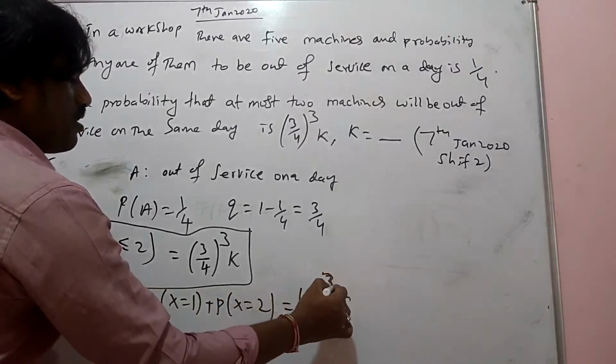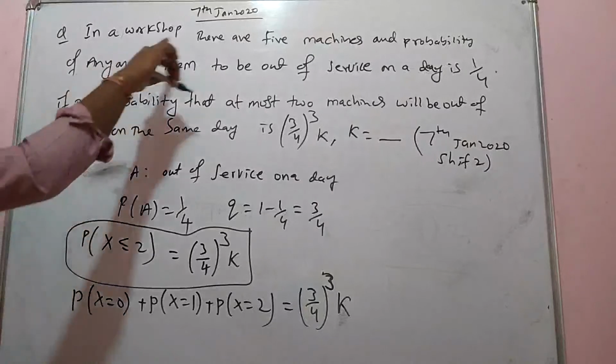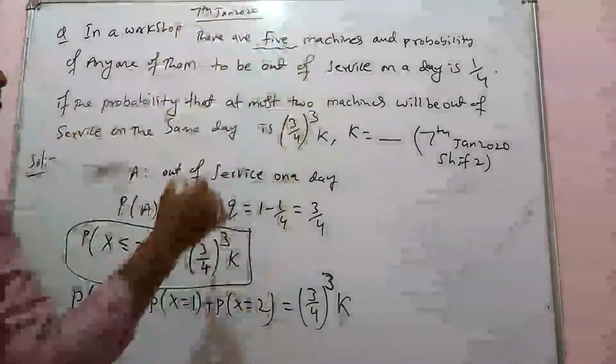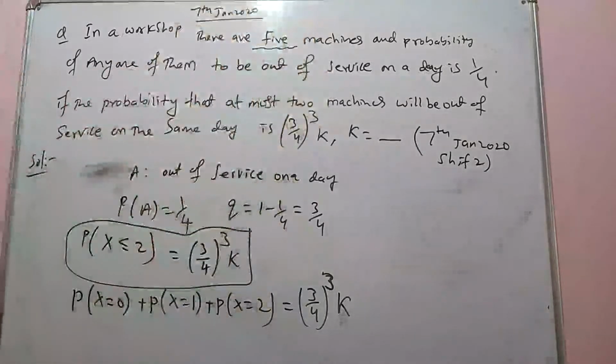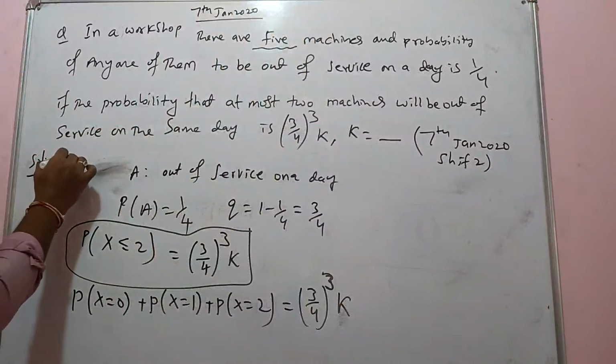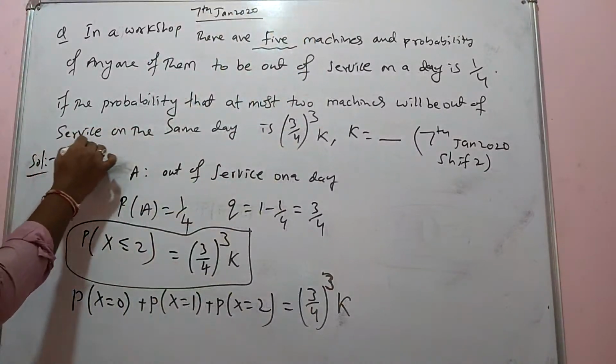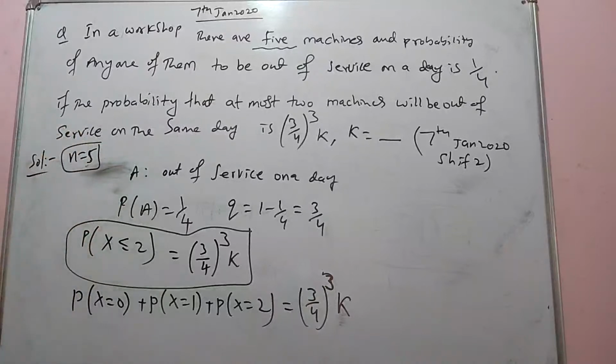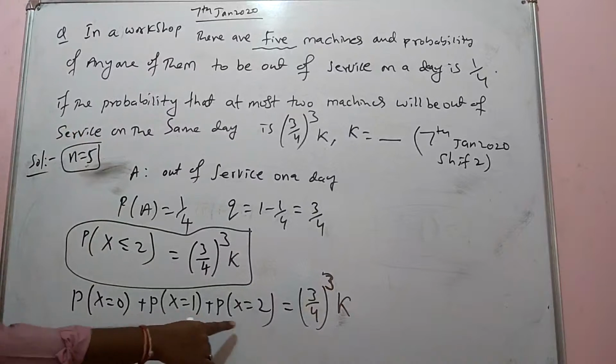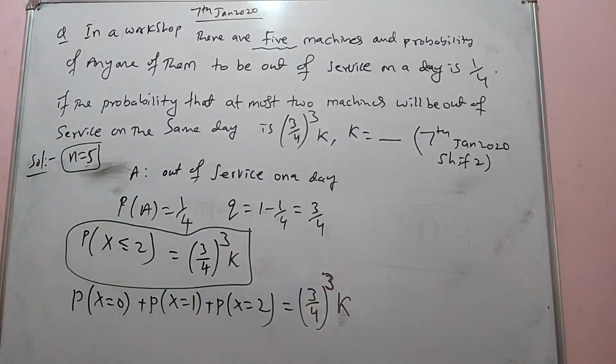Now here, how many machines are there? 5. So N is equal to 5. Here R is equal to 0, R is equal to 1, R is equal to 2. Already you have the P value and the Q value.